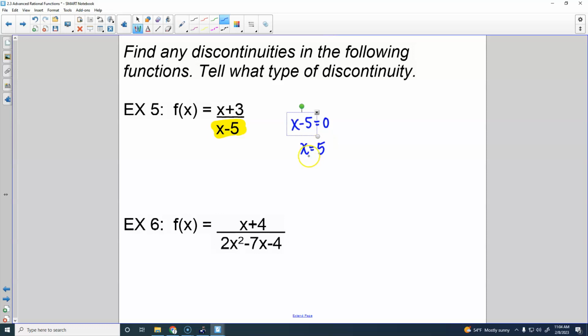It does not. So this is just going to be a vertical asymptote here. We don't do anything with the numerator because it's okay to have zeros in the numerator, right? So the only reason that we even think about it is to see if it cancels with the denominator.